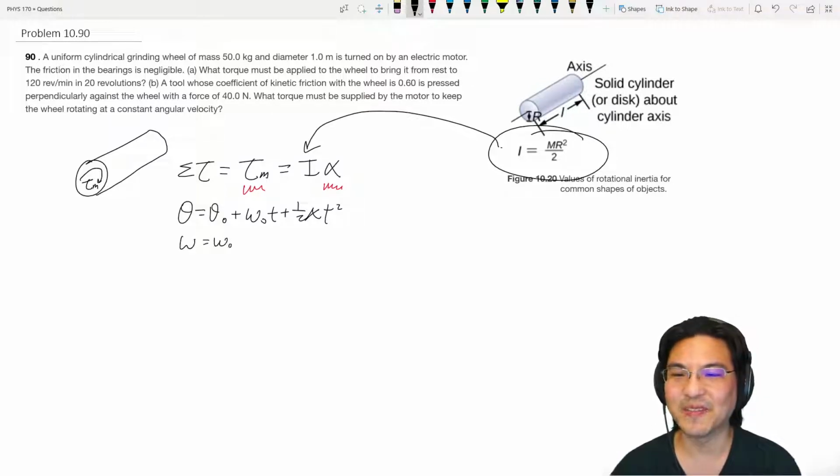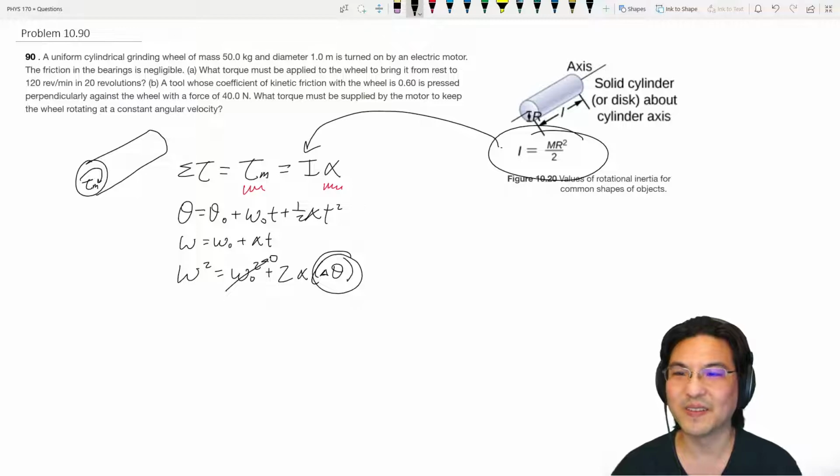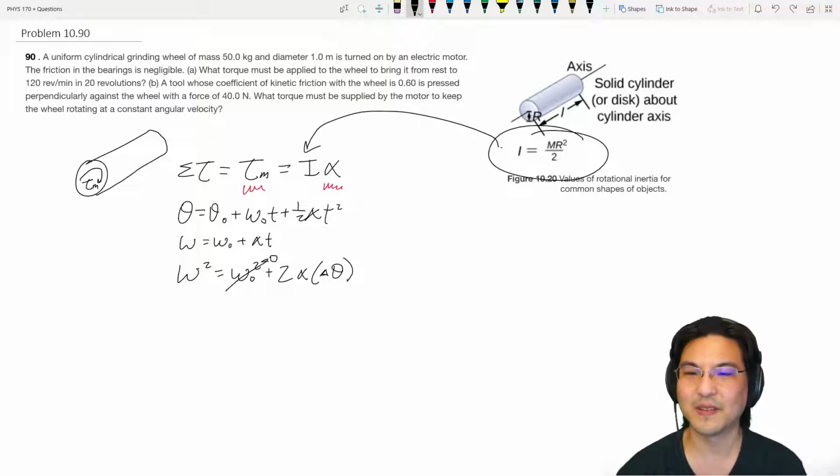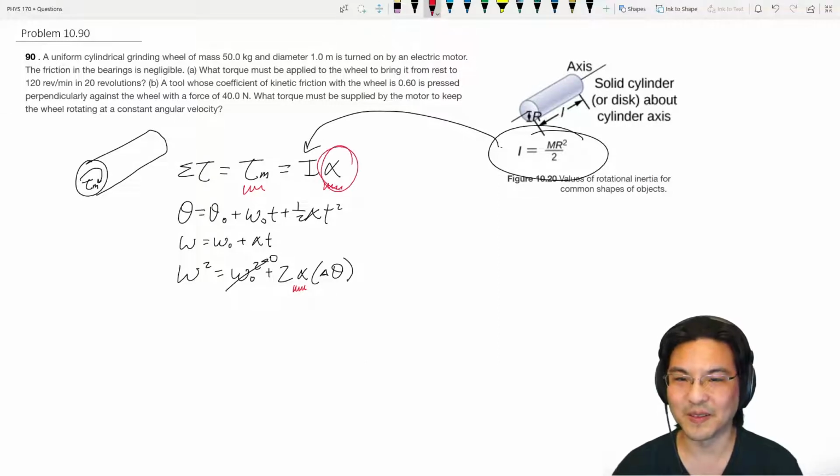How about this one? If you combine these two, then you have this other one that looks like this. Yeah, I think this is the one, because it starts at rest, and then the final is given over here. The number of revolutions right here, and then the angular acceleration is unknown, but then it's unknown over here too.